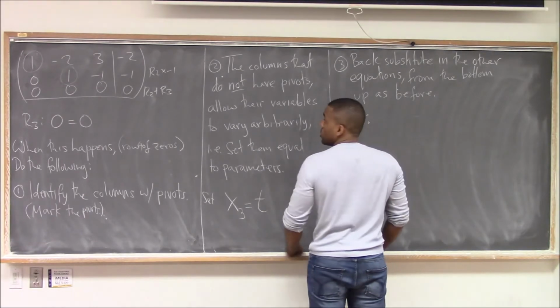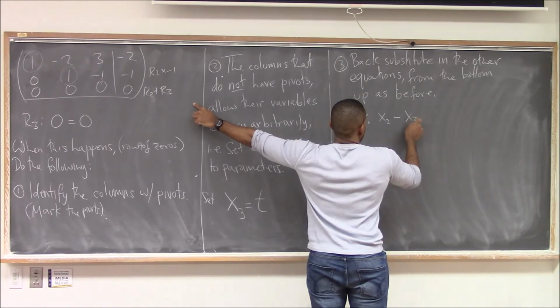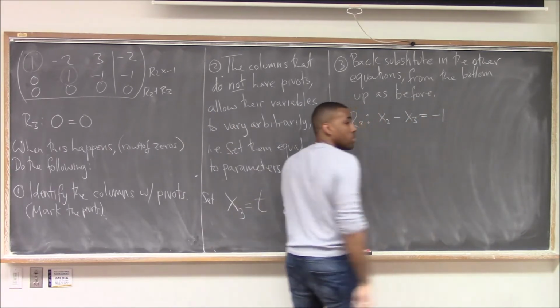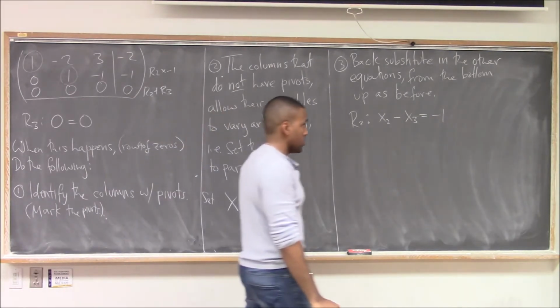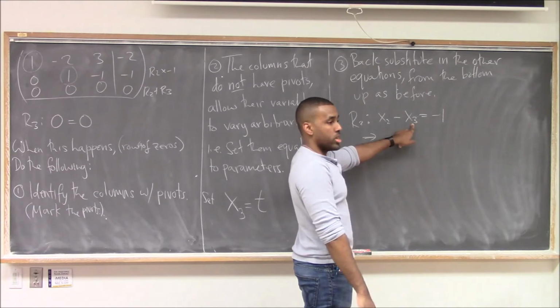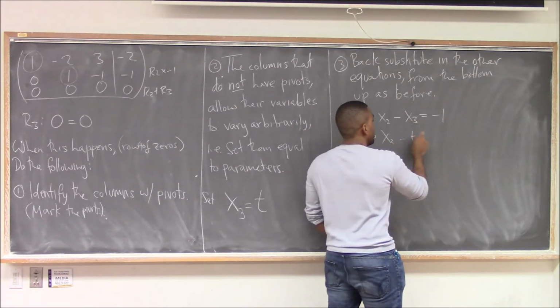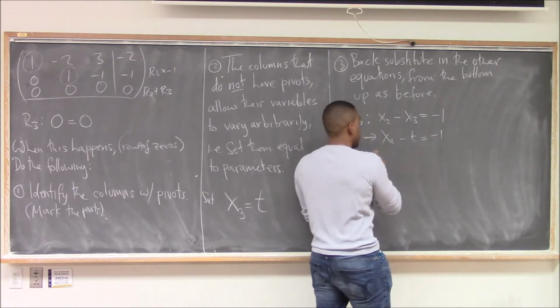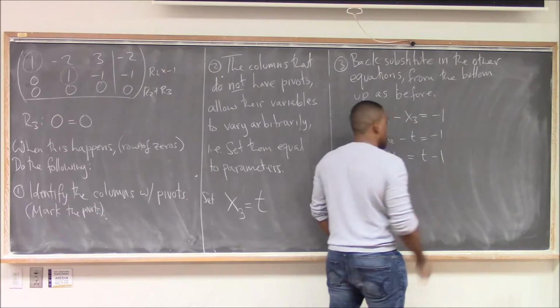So from row 2, I can see that x2 minus x3 is equal to minus 1. In other words, my x3 is t. If I say x2 minus t is equal to minus 1, that means my x2 is t minus 1.